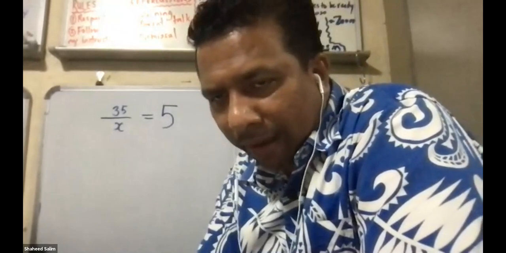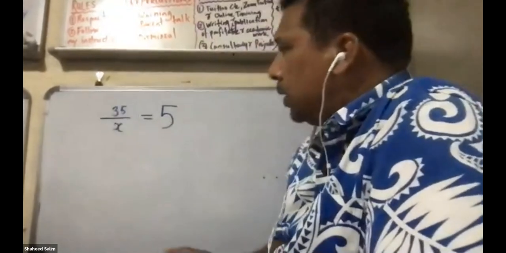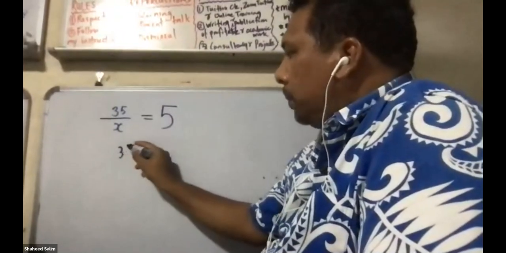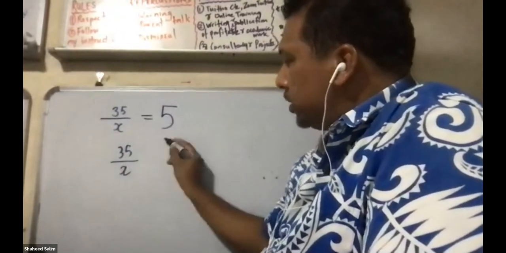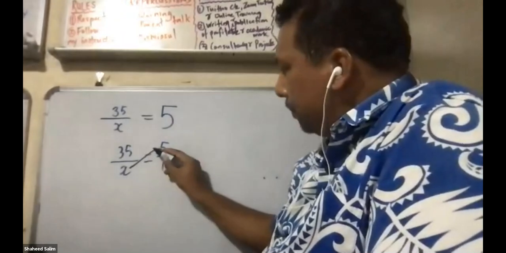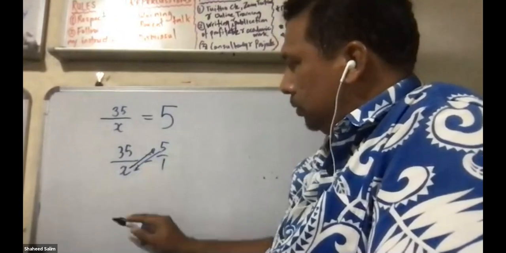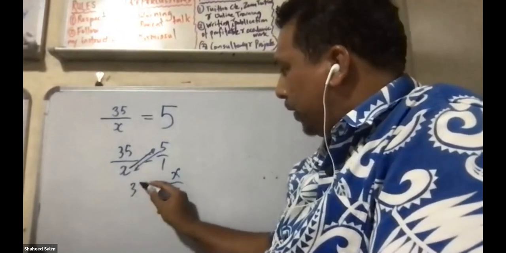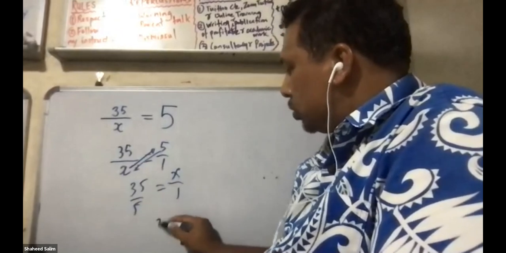X is 175. Let us see whether you're right. See what I do. You want to play seesaw method? Make this into a fraction, 5/1. Push this up and push this down. Push the X up, you got X/1. Push the 5 down, 35/5. X equals to 7.